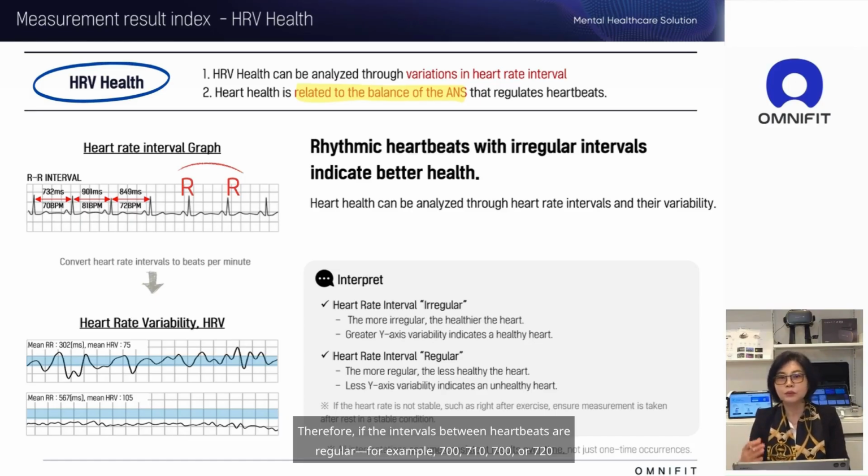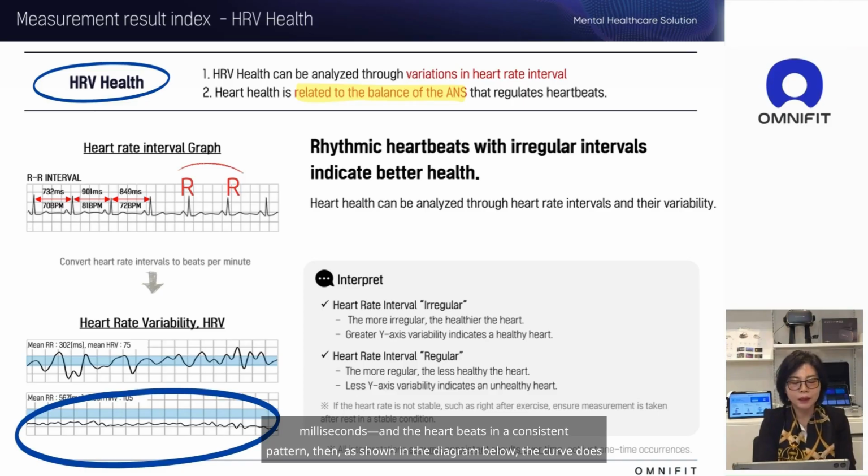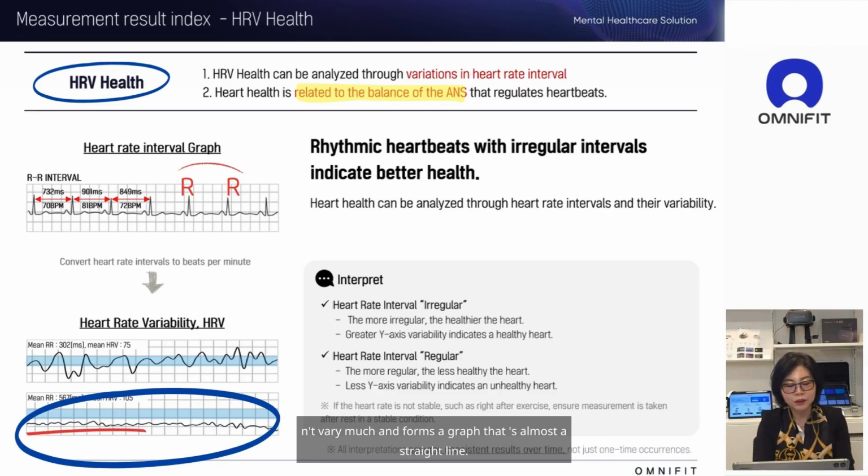Therefore, if the intervals between heartbeats are regular, for example, 700, 710, 700, or 720 milliseconds, and the heart beats in a consistent pattern, then, as shown in the diagram below, the curve doesn't vary much and forms a graph that's almost a straight line.